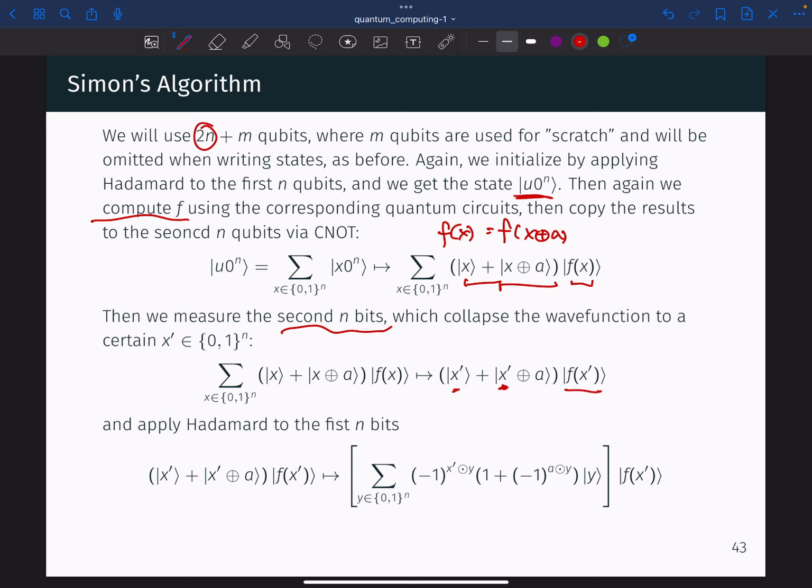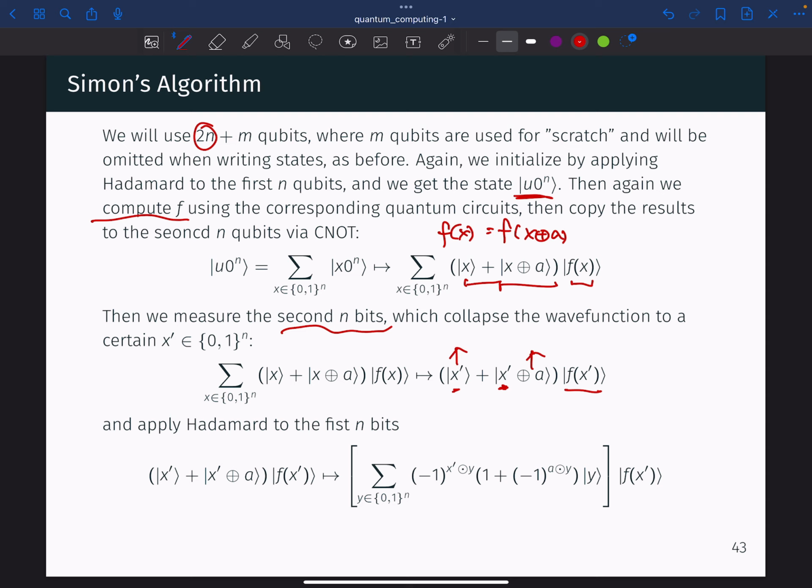But notice that although we have done this computation, we cannot just extract A here, because each time we perform the measurement on the first n bit, we will either get this one or this one. So from a single measurement, we will not be able to deduce the value of A here.